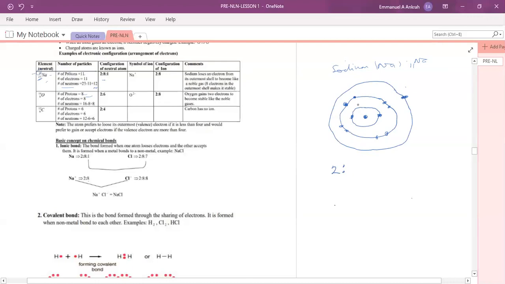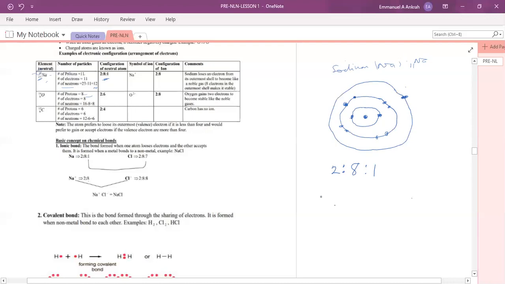You have 8 in the next orbit, so we're going to write 8 maximum. And then go into the next shell. And the last one, you have 1 in the outermost shell. So this is the first shell, second, and this is the third orbit. So it's 2, 8, 1. That's how I got this here. A quick way of doing this problem.